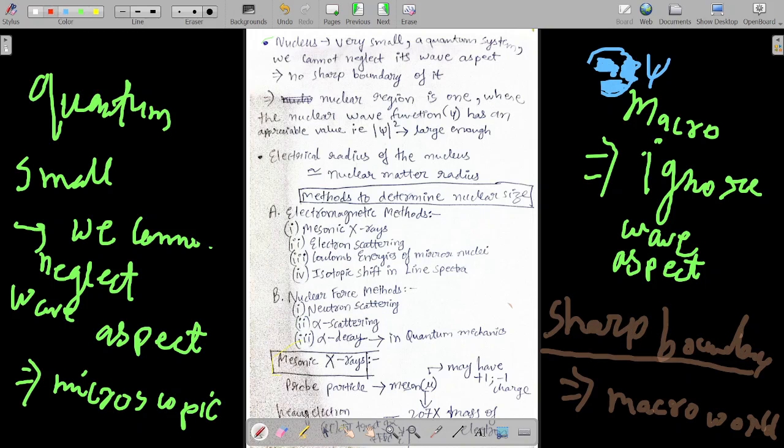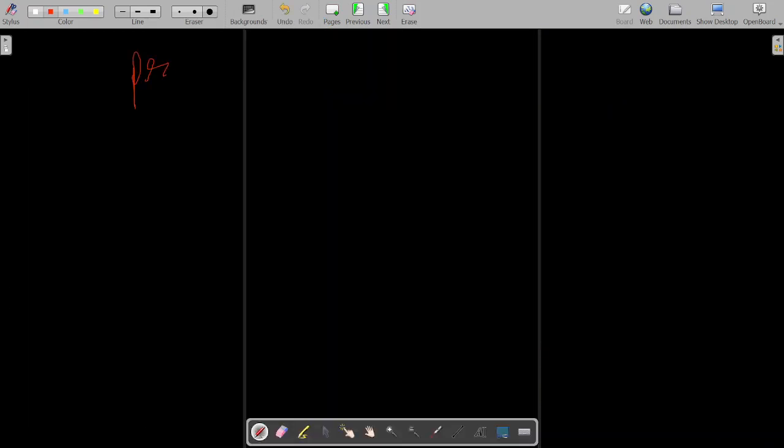In the mesonic X-rays experiment, we have something called a probe particle. Now, what is a probe particle? It is your projectile. Let me write over here: probe particle is your projectile.